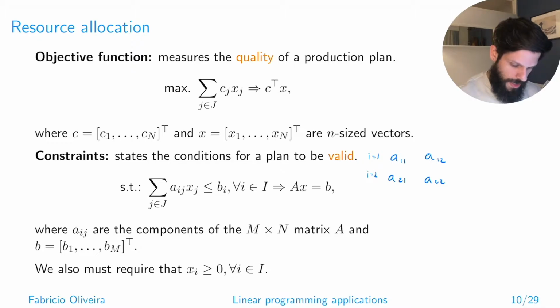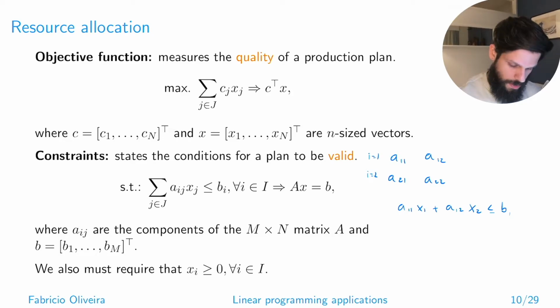When I look at the amount of resource 1 I'm using in my production plan, I have to take into account the amount I use for product 1 and the amount I use for product 2, which means that I have to make sure that A11x1 plus A12x2 is less or equal than B1.